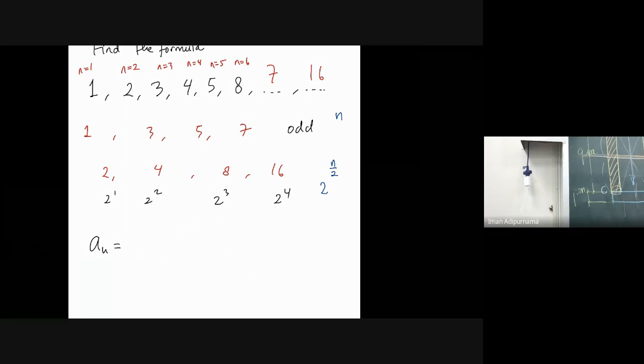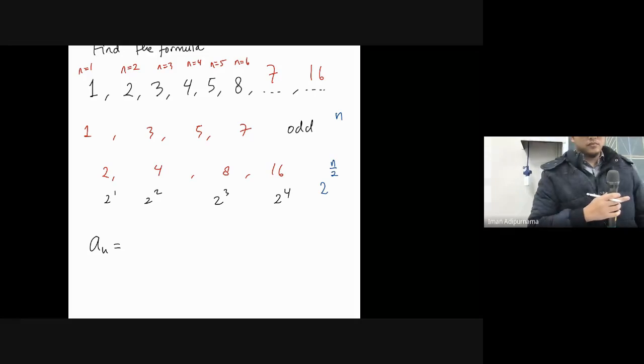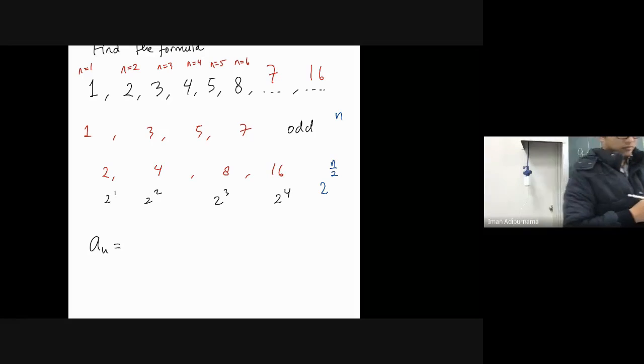So you need to include some numbers there. And how to make it 0? You can make just 1 and -1. 1 minus 1 is 0, right?